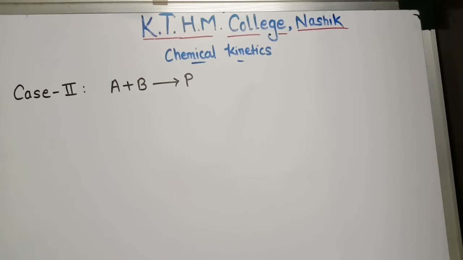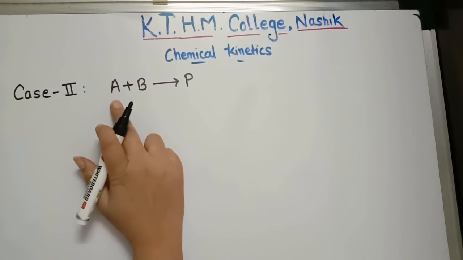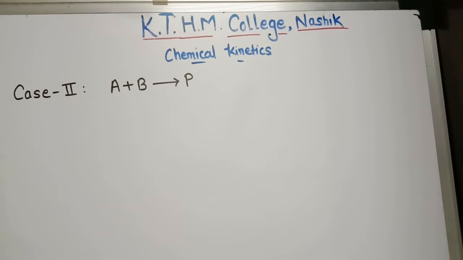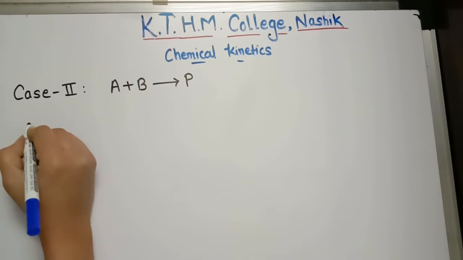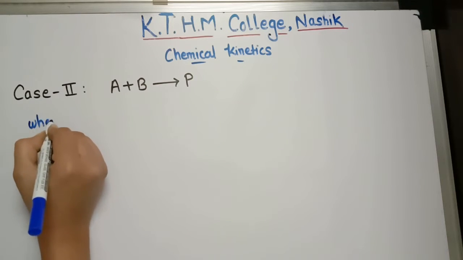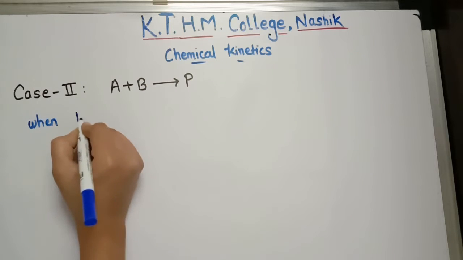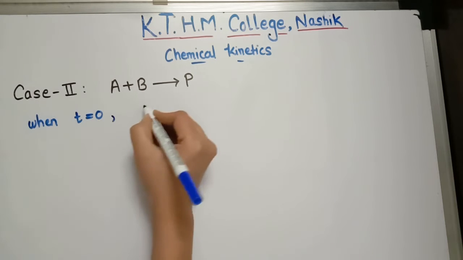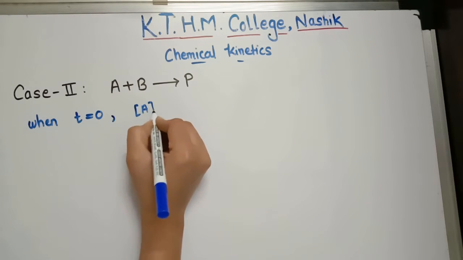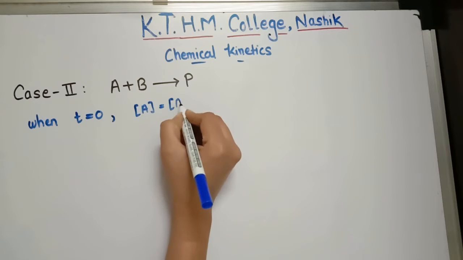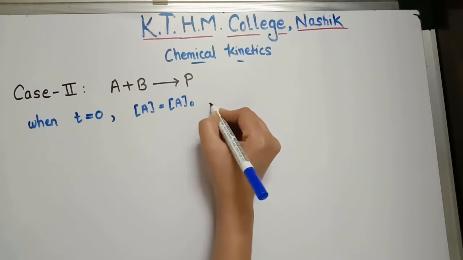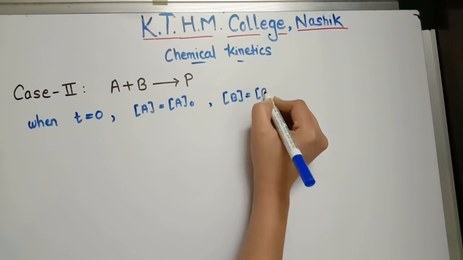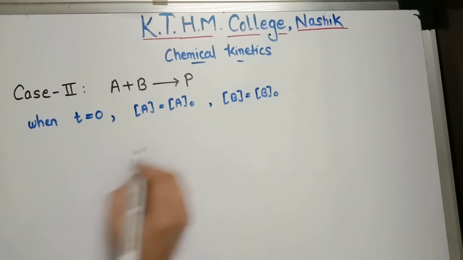Now for case 2, that is A plus B gives the product P, we will define some terms. When t is equal to 0, that means at the initial level, the concentration of A will be A naught and the concentration of B will be B naught.